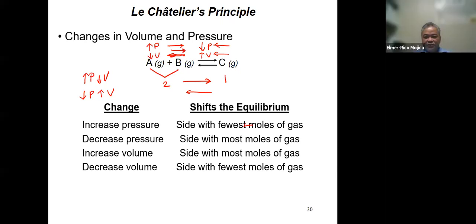So 1 is less than 2, so you favor the formation of the one that has only 1. Now for the decrease in pressure, 2 is greater than 1, so you favor the formation of the reactants over the products when the pressure is low or when you have higher volume.